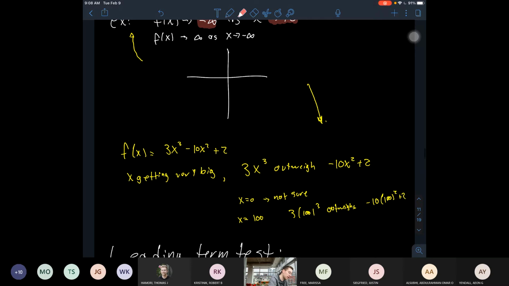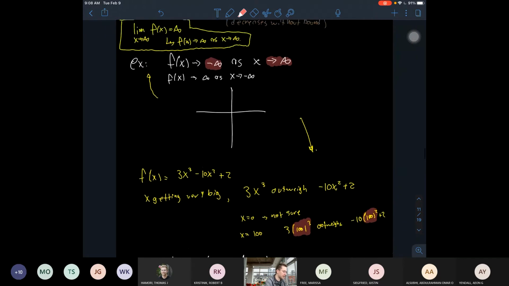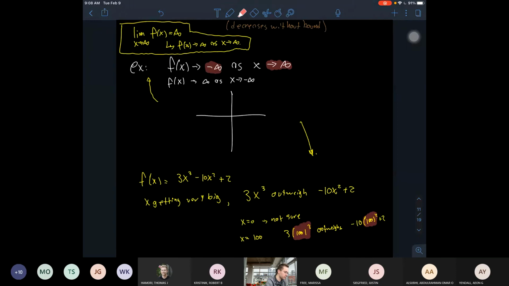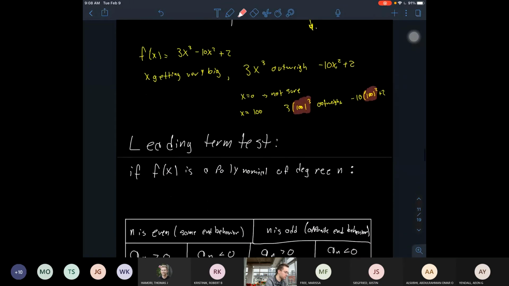The reason being that 100 cubed is a much, much bigger number than 100 squared. In fact, it's 100 times bigger than 100 squared. So this is why we're able to say these things about polynomials, by looking at this leading term. So that's leading into this leading term test.